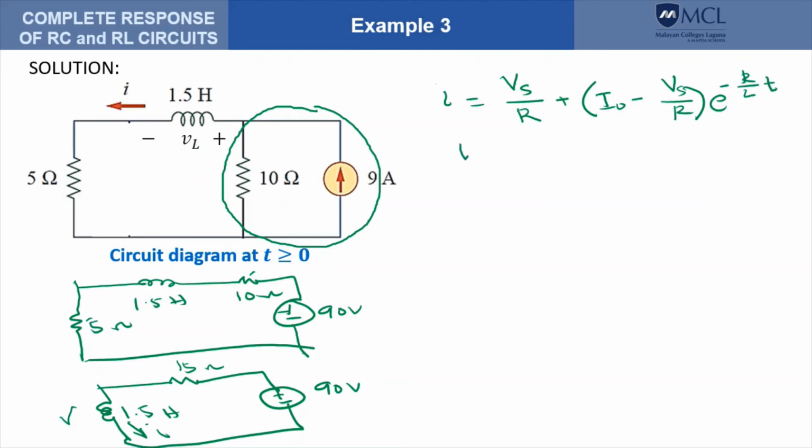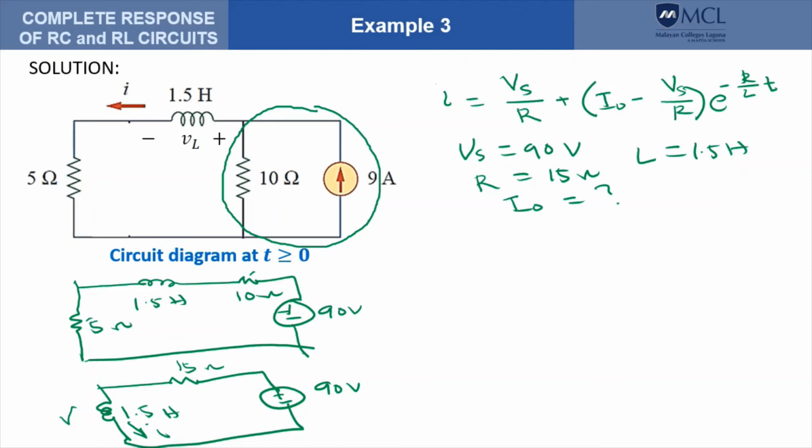Okay, so Vs there should be 90 volts, R should be 15 ohms and L is 1.5 henries. But what is I naught? So that is the initial current through the inductor before the switch is open.